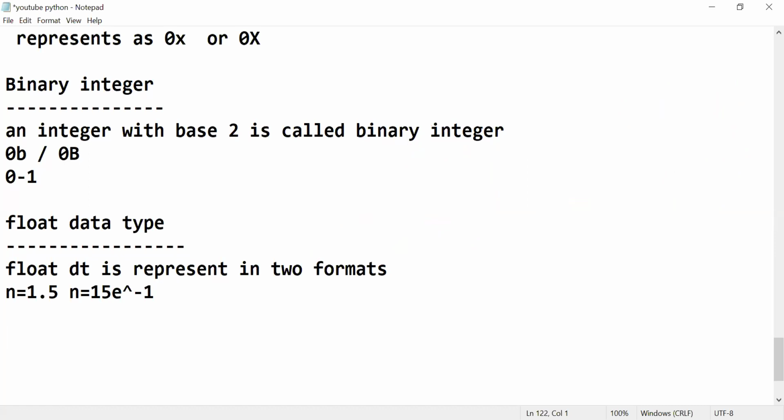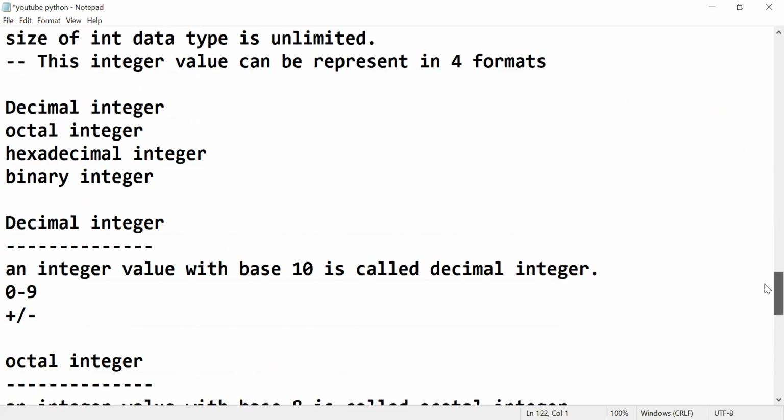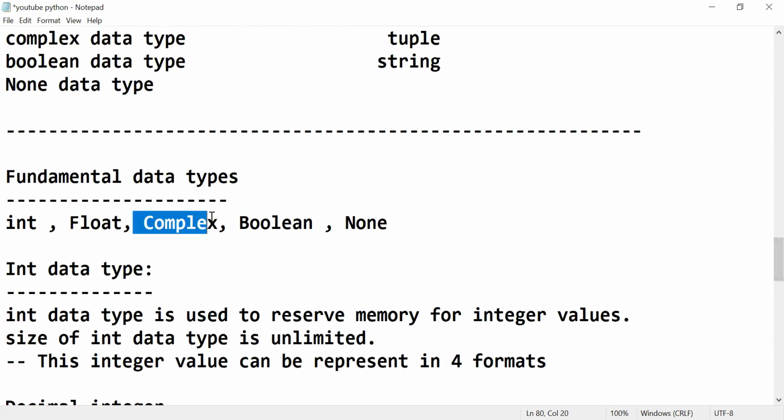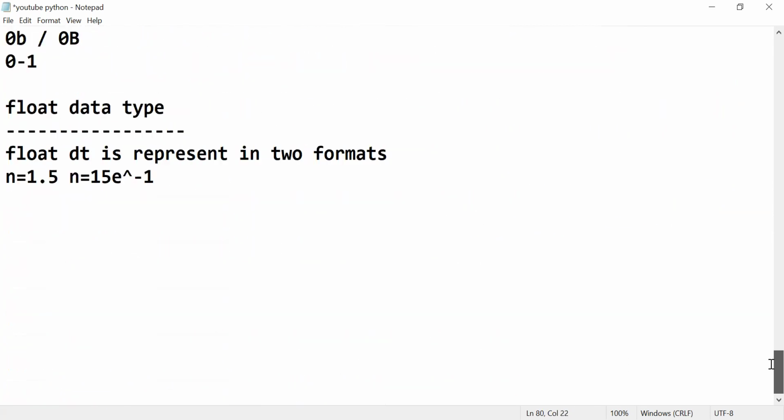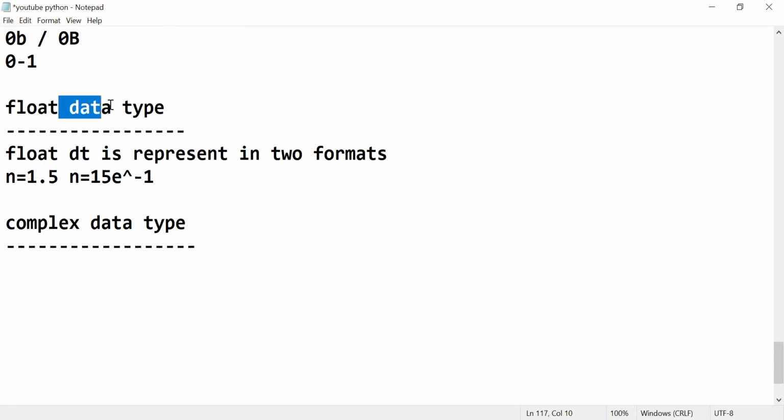And we have one more data type called the complex data type. Guys, the complex data type is used to reserve memory for complex values. The float data type is used to reserve memory for float values, and the int data type is used to reserve memory for integer values.